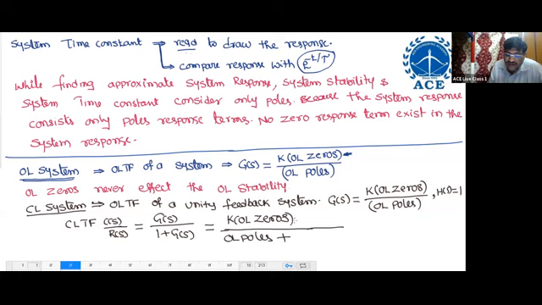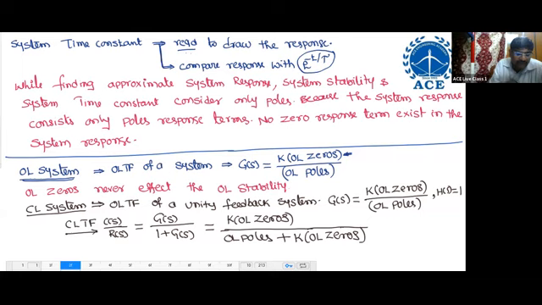Last day I told, to get the closed loop transfer function from open loop, add the numerator term in the denominator, simply K into open loop zeros. This is the closed loop transfer function.